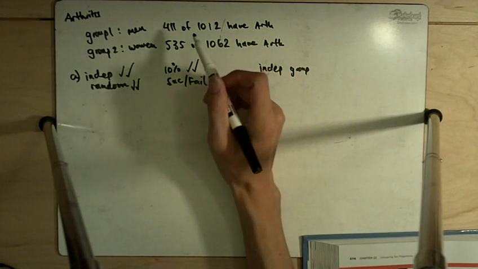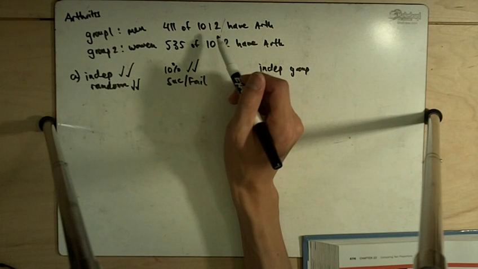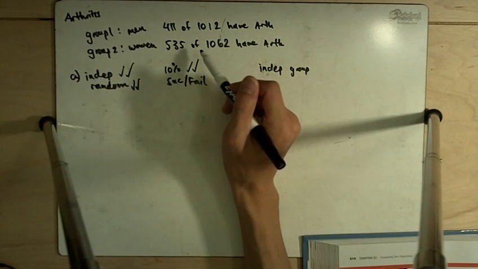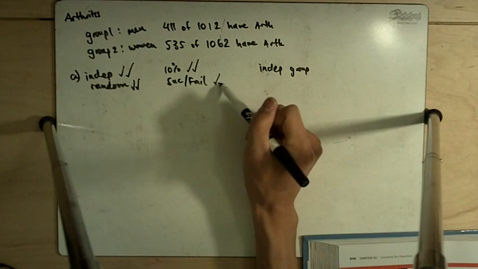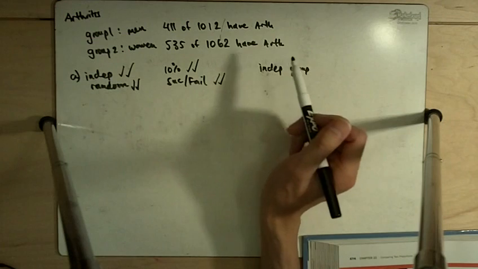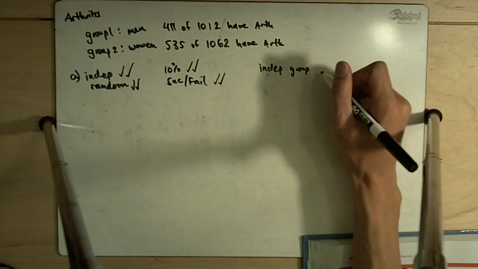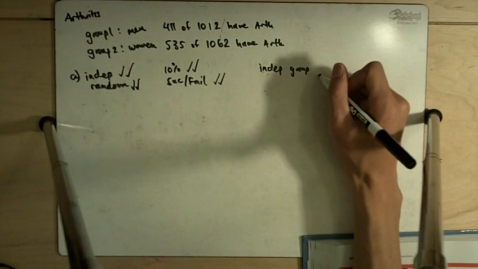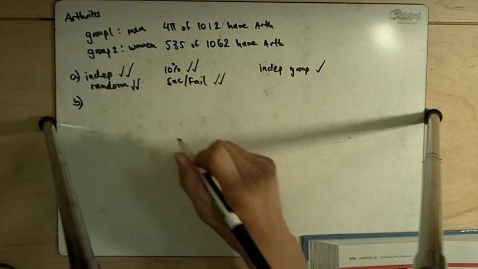In success-failure, we have 411 men with arthritis, which means about 600 who don't, and about 530 women who have arthritis, and about 530 who don't. So we have over 10 successes and failures in each group. And whether many men have arthritis should not affect whether many women have arthritis or not. So the groups are also independent.